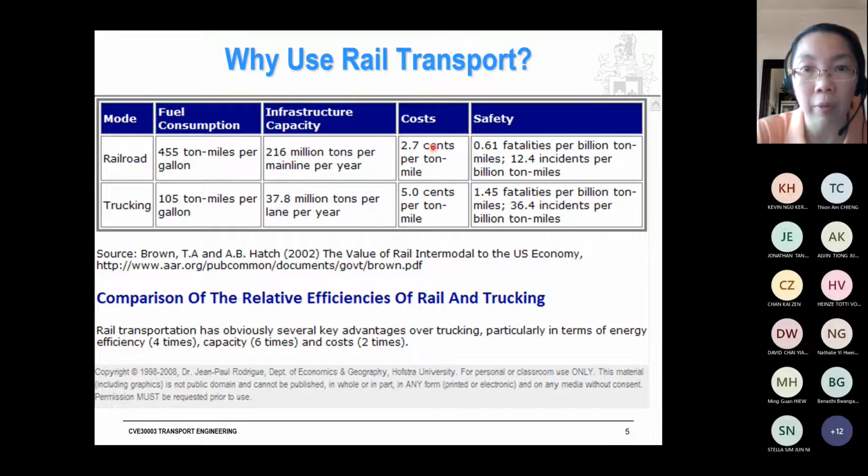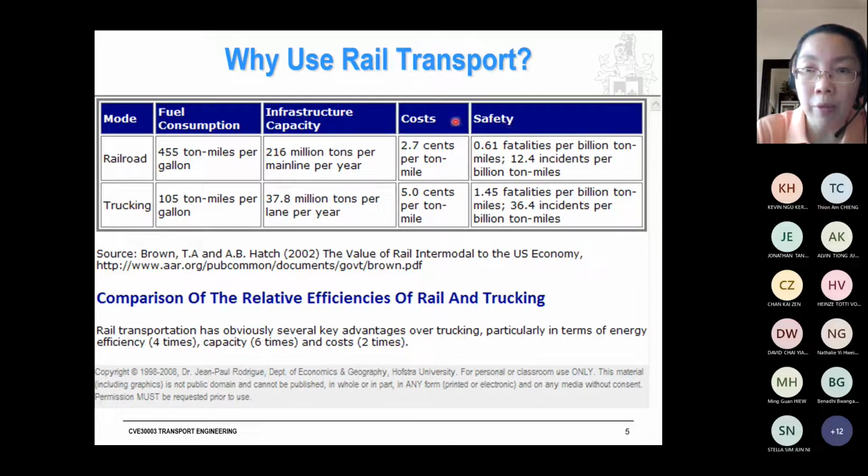But in terms of cost per mileage travelled, it is about 2.7 cents per ton mile, whereas for trucks it is about 5 cents per ton mile. So cost efficiency wise, railroad is better compared to the trucking system.